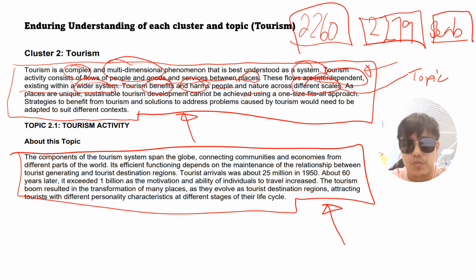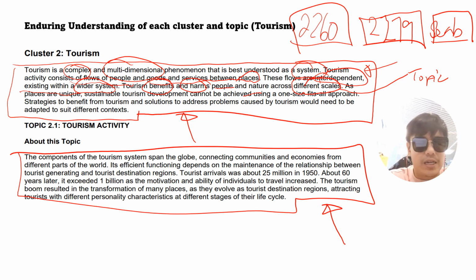This is what the syllabus wants you to understand. At different scales, different impacts are affecting people and nature. If you can showcase this in your essay, you will get the highest level.